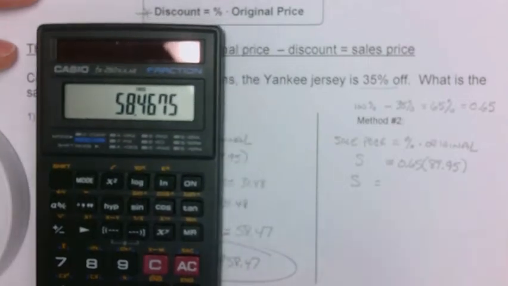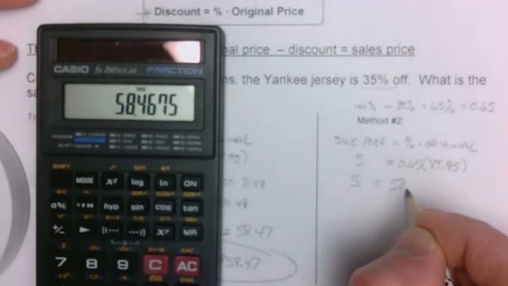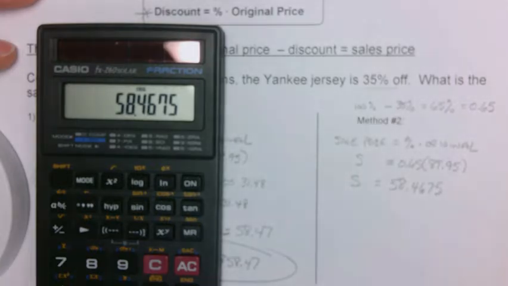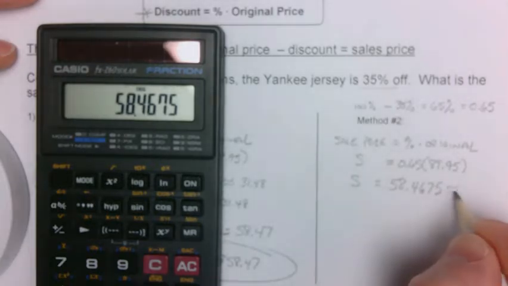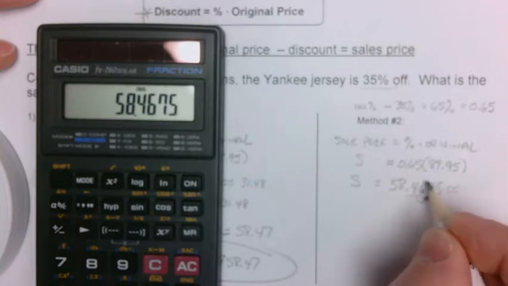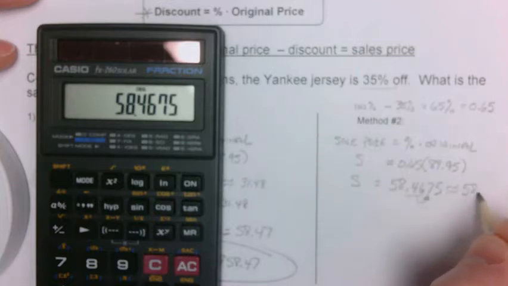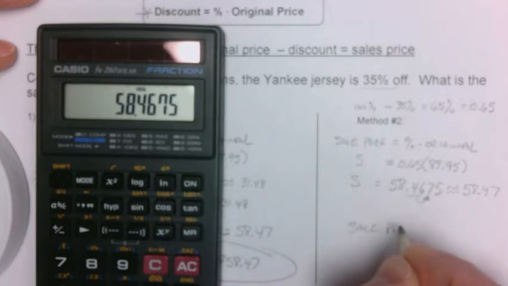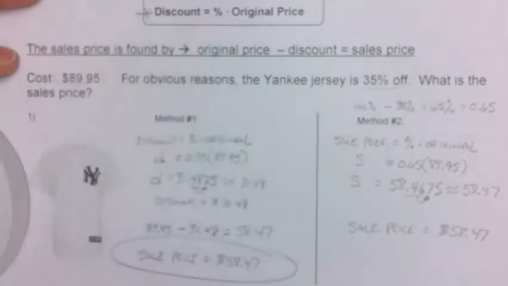And there is our decimal, 58 and 4675. But again, this has to be money, so we're going to round it to the nearest hundredth, 46 hundredths. But in the thousandths place, there's a 7 to round us up to 58 and 47 hundredths. So once again, the sale price is going to be $58.47.